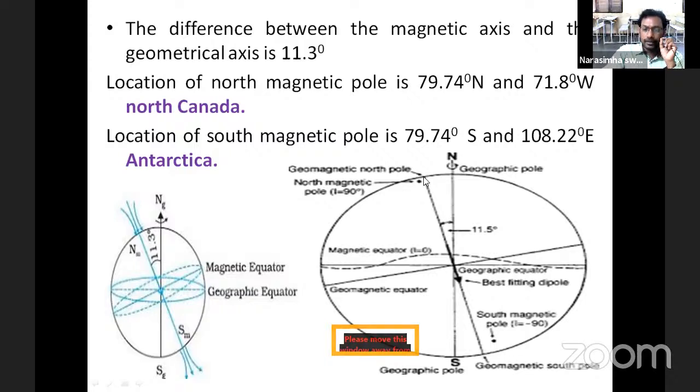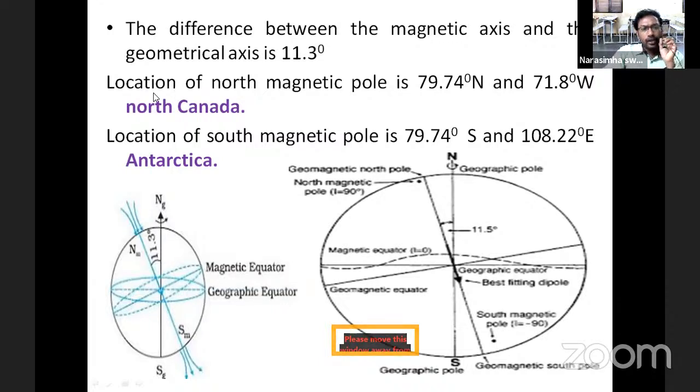A line passing through these is called the magnetic axis, and the angle between the geometrical axis and the magnetic axis is approximately 11.3 to 11.5 degrees. That value changes from position to position. Here the difference between the magnetic axis and the geometrical axis is 11.3 as per your textbook.